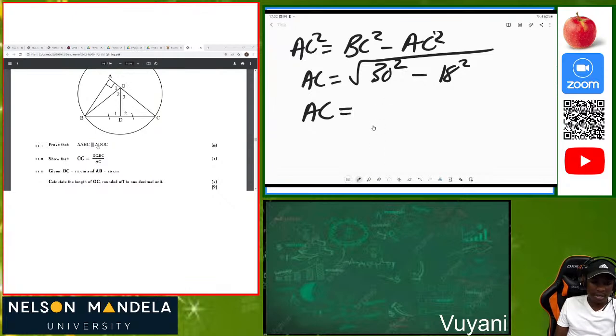So we are saying the square root of 30 squared, let me just choose my calculator as well, 30 squared minus 18 squared.